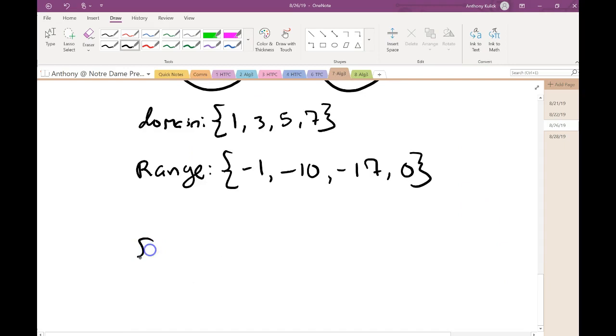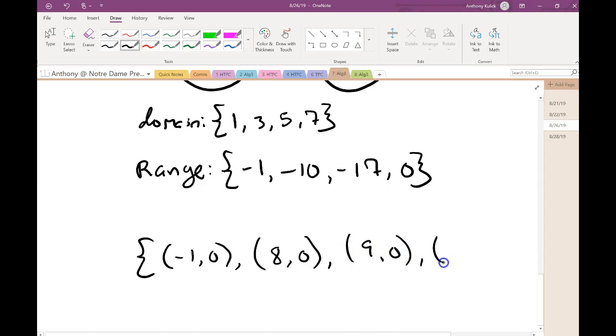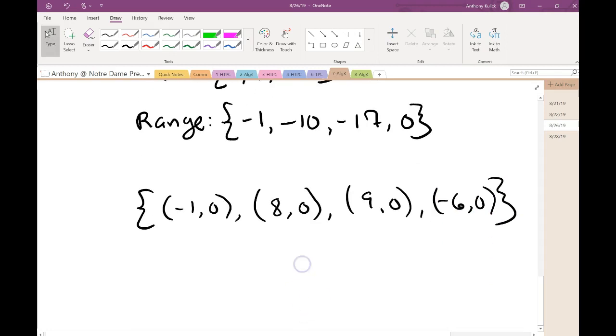Let's say we have a set of ordered pairs. Again, just as a review, if I'm looking at this set of ordered pairs, does this represent a function?